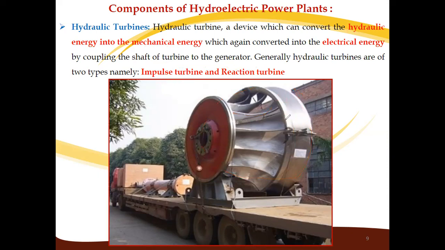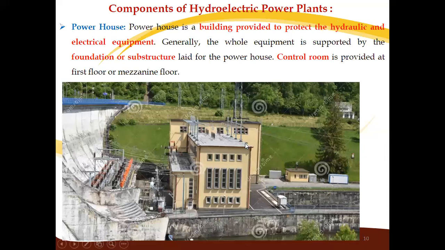Now we have the next part, that is the powerhouse. In the powerhouse, we have the electrical parts, which consist of the generators, alternators, then transmission lines, and controlling of the load. All of these come under the powerhouse.